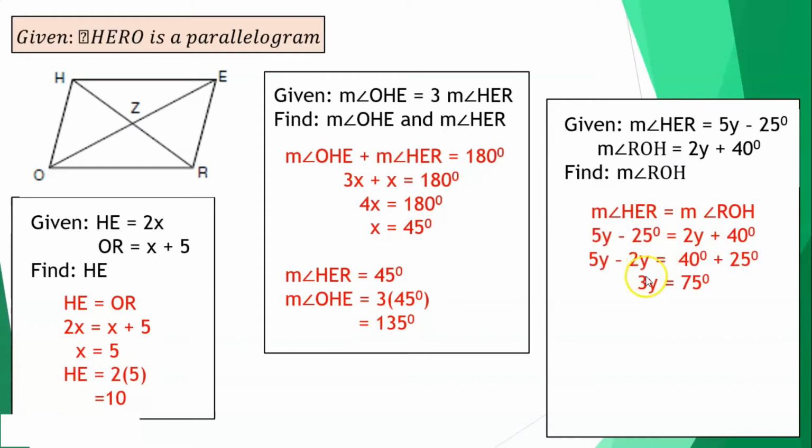So this would become 3y, and 40 plus 25 is 75. Dividing both sides by 3, so the value for y is 25 degrees. And to find the measure of angle ROH, so that would be twice of 25 plus 40, so that would become 90 degrees. Okay, next.